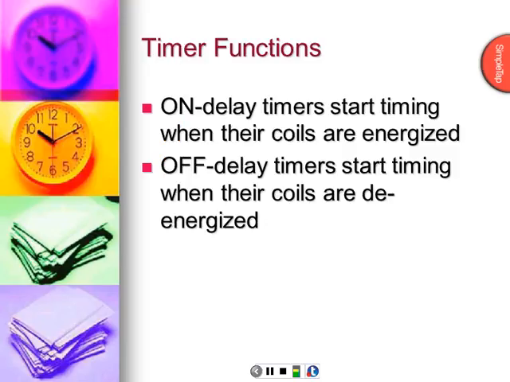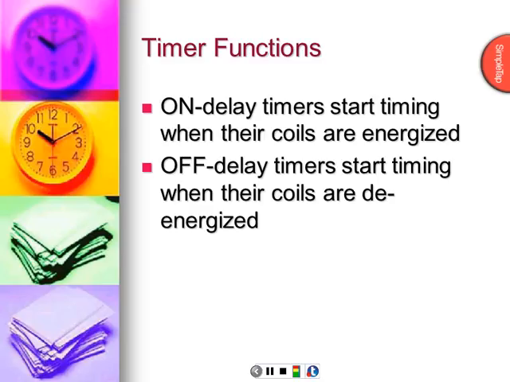So we have 2 functions of the timer. We have on delay and off delay. On delay means I'm going to set the timer, and you start something once the time is over. So I might be trying to warm up oil for a motor or something like that.